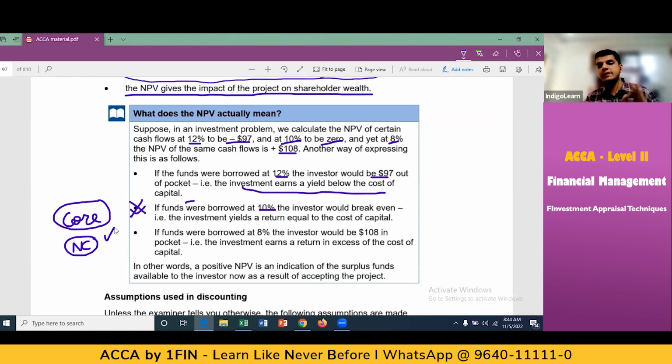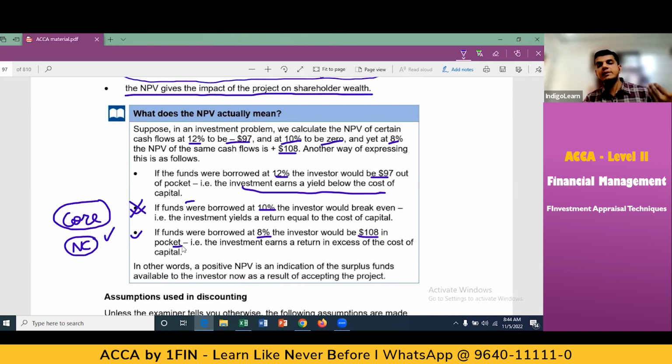Otherwise, obviously, what we prefer is the third option. If the funds are borrowed at 8%, the investor would have $108 in pocket. So at the end of the period of investment, something should go into your pocket, something should add to your wealth. Otherwise, we are not here to do charity.